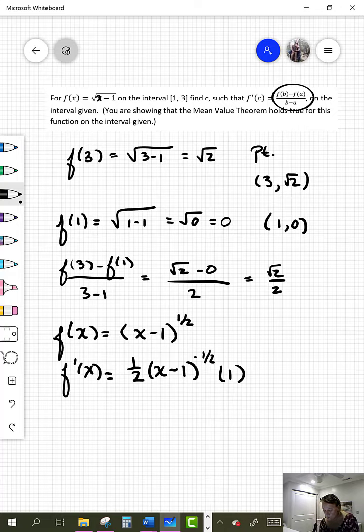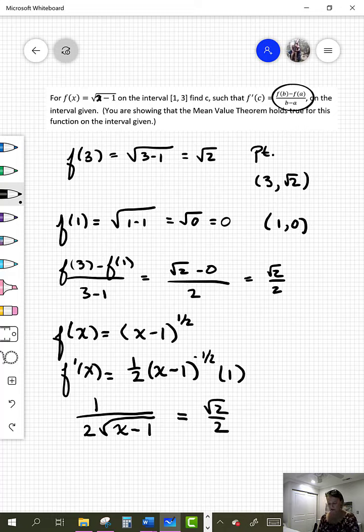So we're looking at when is, and I'm going to rewrite this a little bit, 1 over 2 x minus 1 to the negative 1/2, I'm going to bring it down to the denominator and rewrite it as the radical. So when is 1 over 2 square root of x minus 1 equal to root 2 over 2.